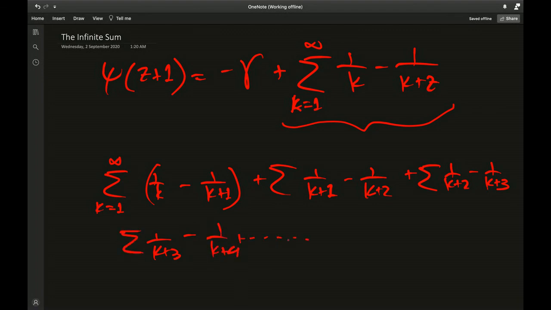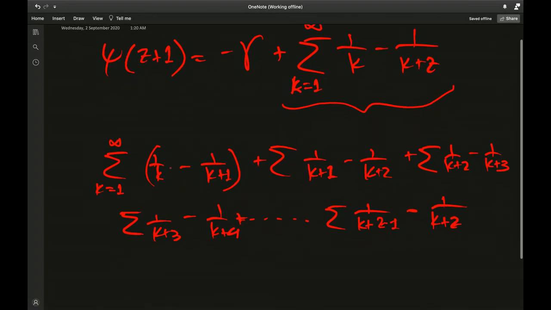And this process of adding and subtracting will go on until you have 1 over k plus z minus 1 minus the 1 over k plus z, and we don't need to add that back because you always had that. So now this is telescoping, and this will go to 1 over k when k is evaluated at 1, which will just be 1 over 1. This will be 1 over 2. This will be 1 over 3.